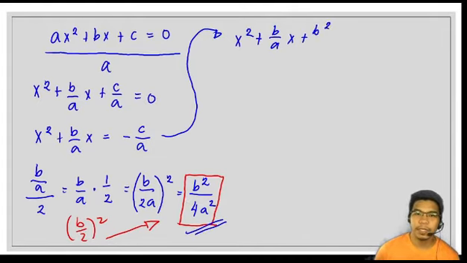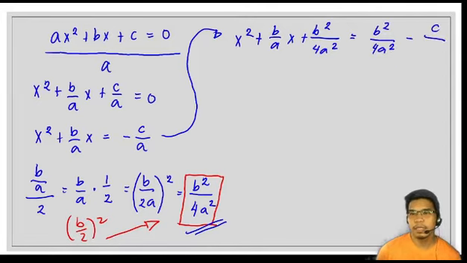B squared all over 4a squared equal to, ganun din. Pero, unahin siguro natin tong b squared. So, magiging b squared, ganun din naman yon 4a squared minus c over a.